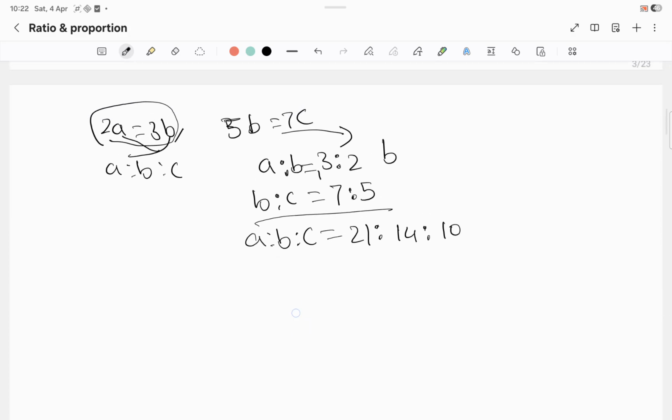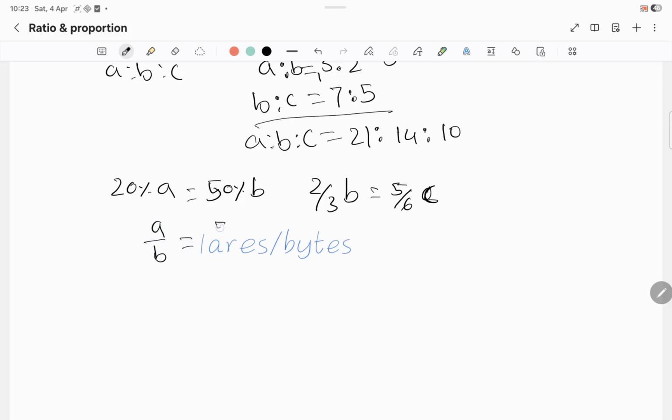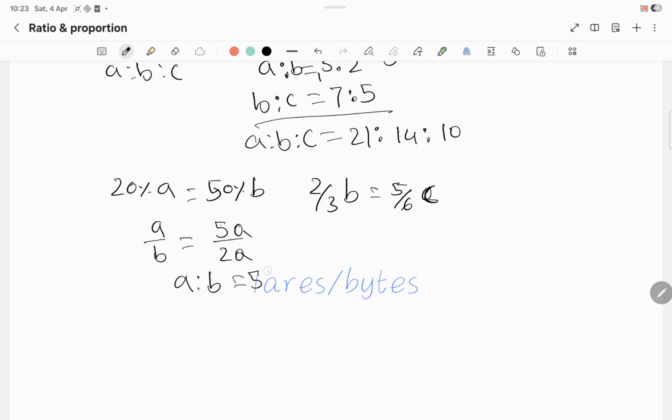In rare cases they may ask: 20% of A is equal to 50% of B and 2/3 of B is equal to 5/6 of C. Then A is to B is to C? First of all, A by B is equal to 50 by 20. Percentage will get cancelled. So A is to B is equal to 5:2.